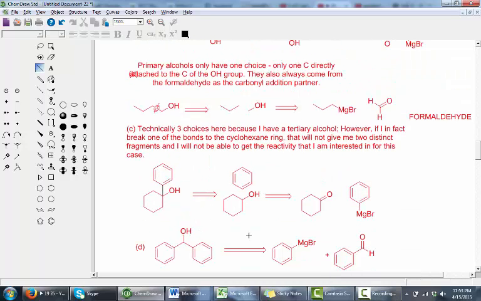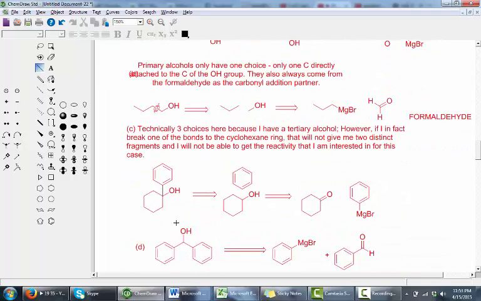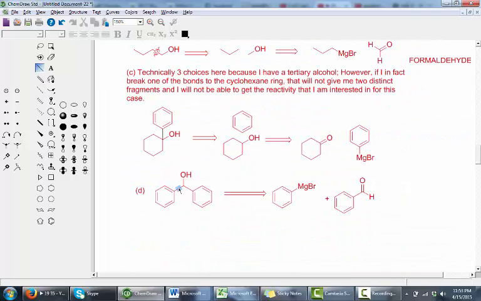Finally, the last problem for 1936 is diphenylmethanol. Let's draw what diphenylmethanol is first. I could just draw methanol, CH3OH, and then put 2 phenyls on it, so that gives me this product. Here, when I break a bond between the COH carbon and an adjacent carbon, that gives me the same Grignard, and in this case an aldehyde.